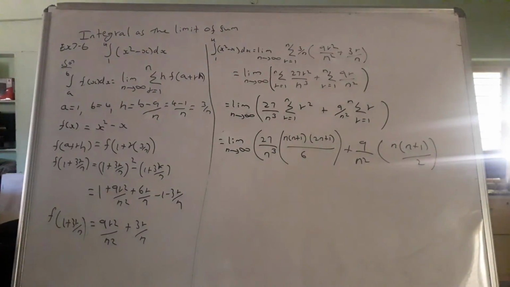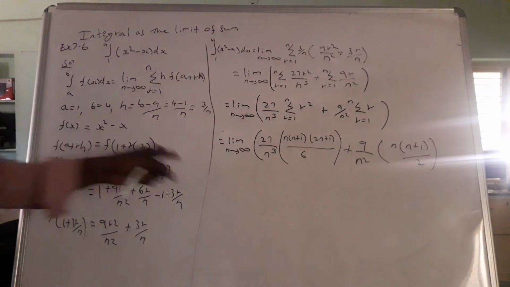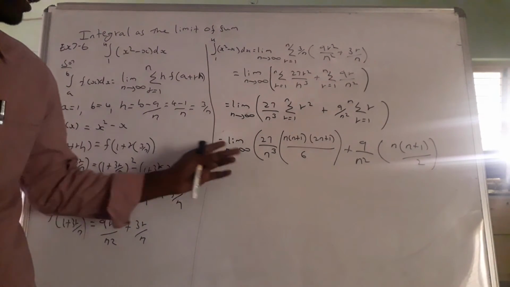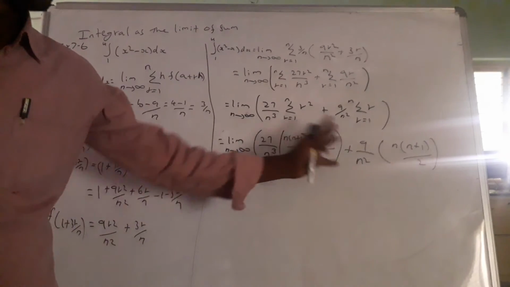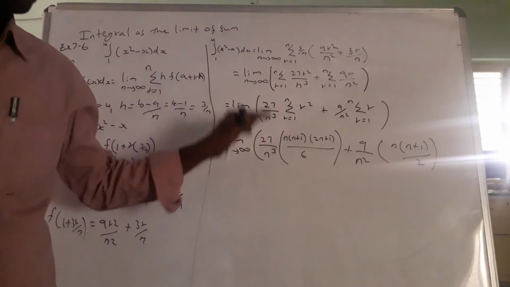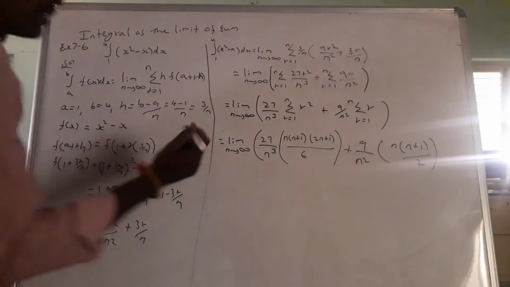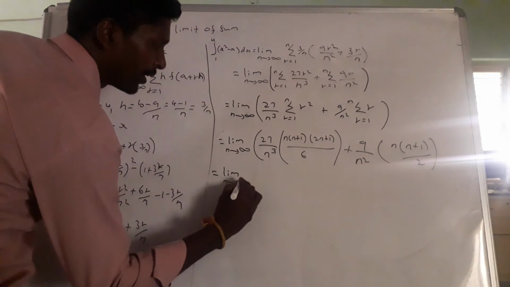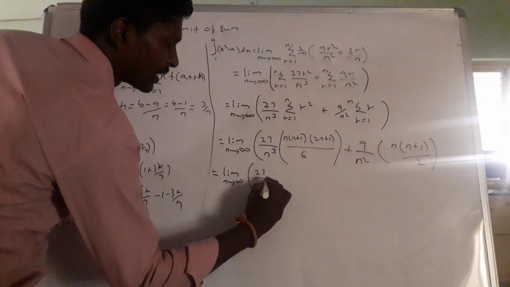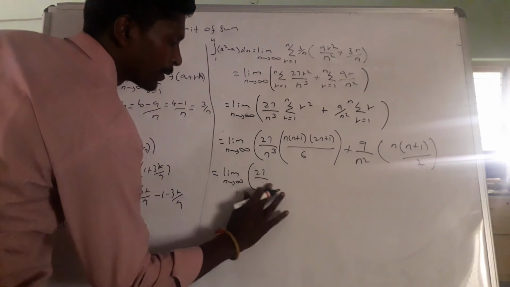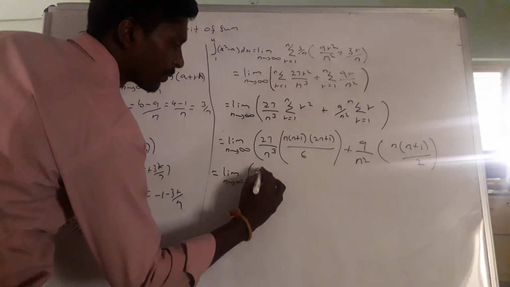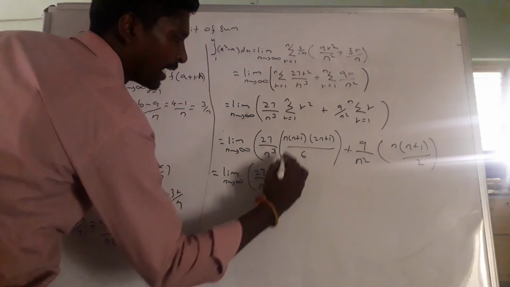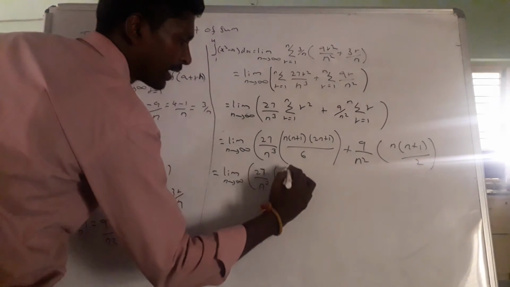Next I am going to take n tends to infinity again. To remove the limit, if we substitute infinity for n, it will be tough. Further, I take n as common here. Limit n tends to infinity of 27 by n cube. Here n is already there, so take n common.